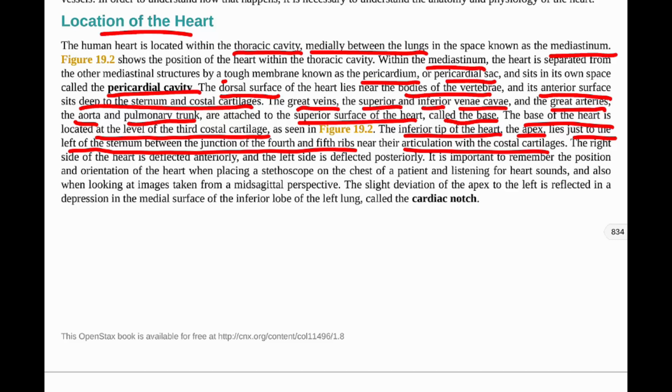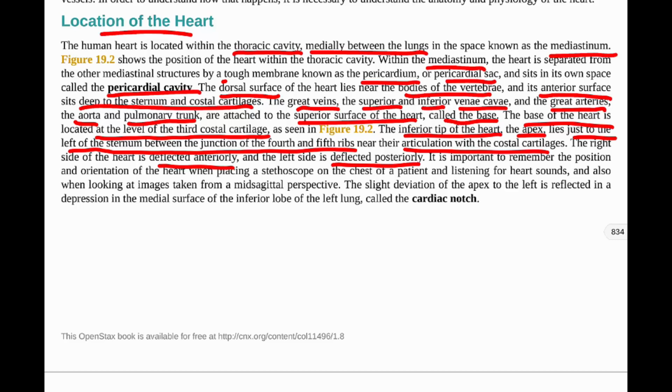It's also important when we get to the lungs and the respiratory system, because the left and right lungs are designed differently; we need that space for the heart on the left side. So our left lung is different from the right because we have a little notch there where the heart is. All right, so the right side of the heart is deflected anteriorly, and the left side is deflected posteriorly.